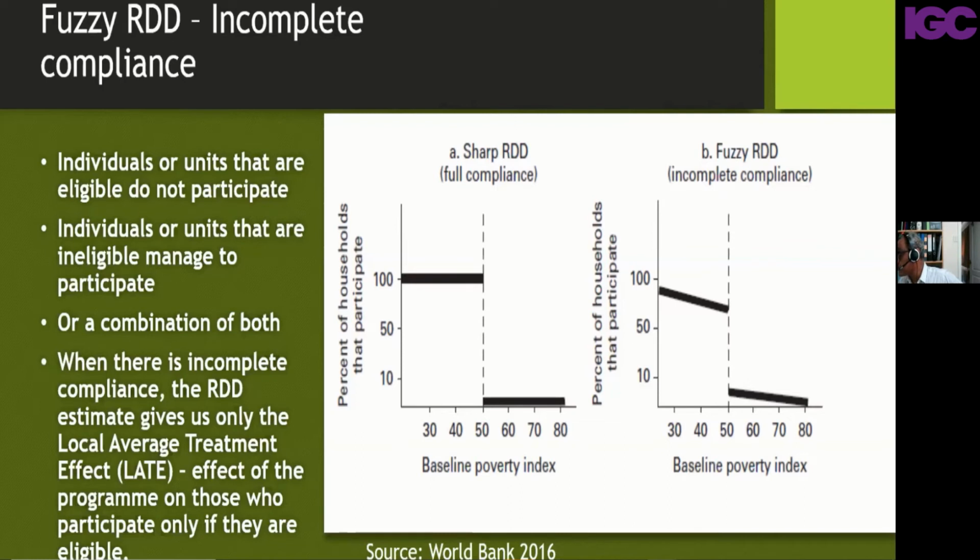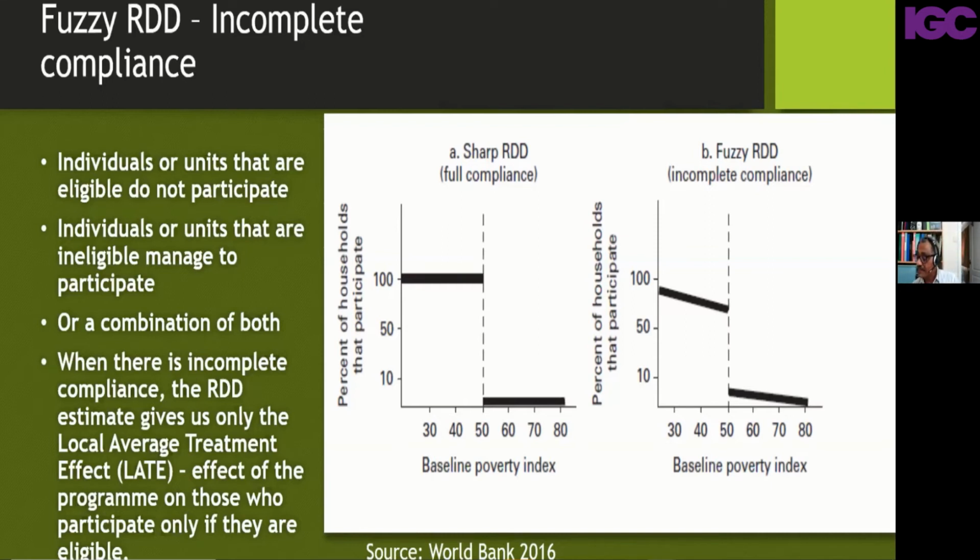Similarly, for those below the threshold, their participation rate is not 100%. So this gives you an instance of incomplete compliance. That is, some who are eligible don't participate, and some who are ineligible manage to participate.